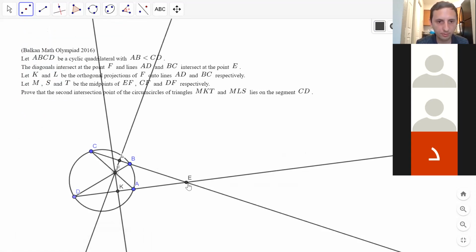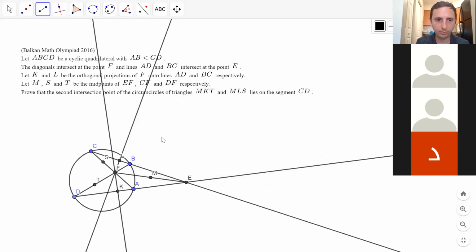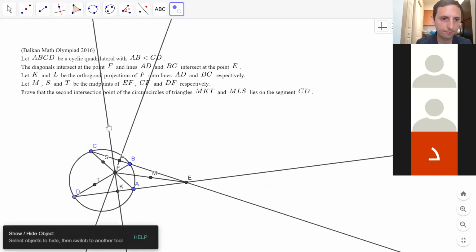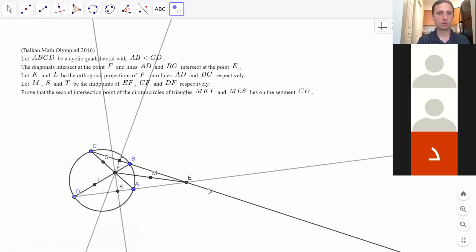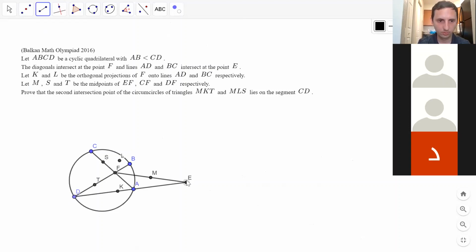So everything from F. So that's M, and that's S, and this is T. And we want to show the circumcircles of MKT and MLS intersect on CD.